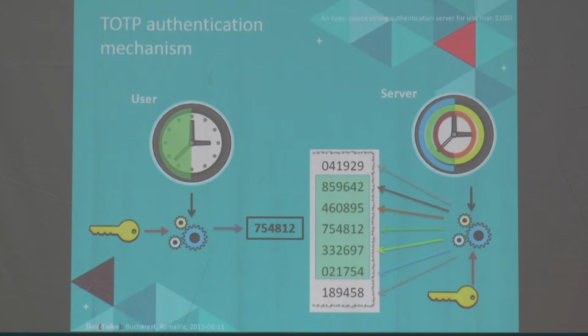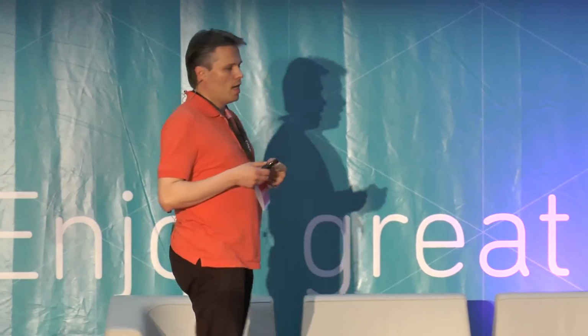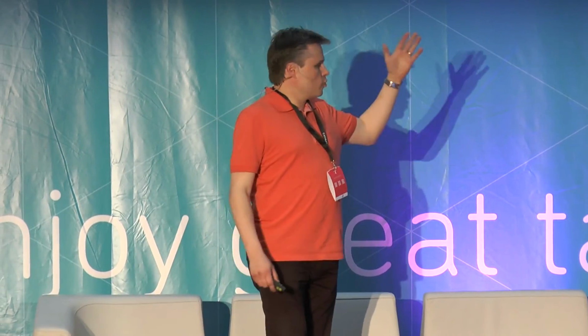So on the server, you calculate a little bit before and a little bit after, and you have a lot of codes, and you check which code is valid, which is this one, and you say, okay, all the other codes are not valid anymore, and the next one will be later in time, okay? With this method, you can also synchronize your token, because if you see that the token is out of sync by 2 minutes, you say, okay, the next time I add 2 minutes to the algorithm before doing the check again.